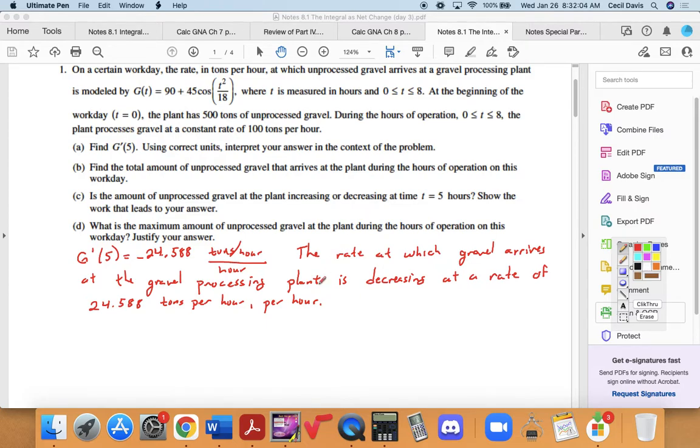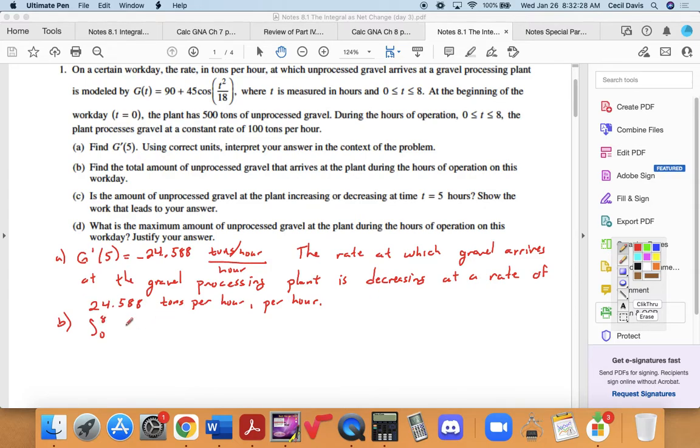Okay? All right. Part B, find the total amount of unprocessed gravel that arrives at the plant during the hours of operation on this workday. So how can we find out how much gravel comes in? Yes? We take the integral from 0 to 8 of g of t plus 500.